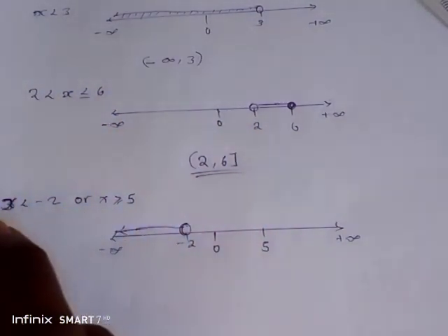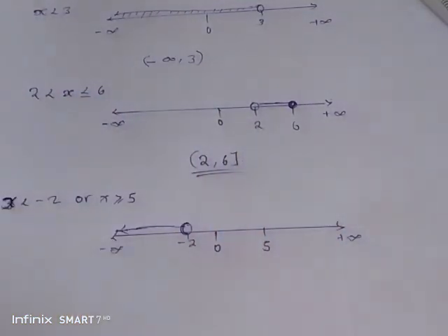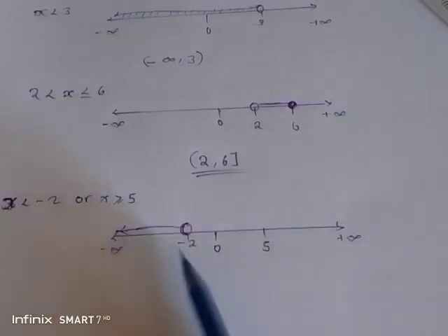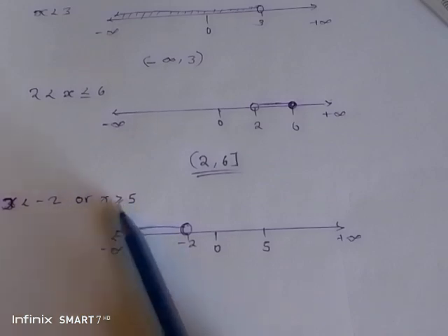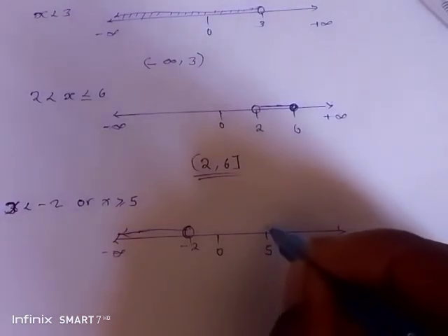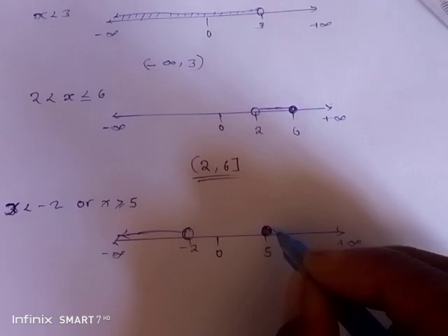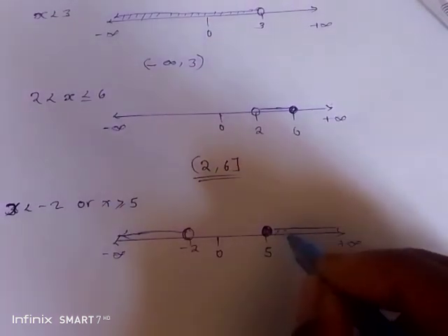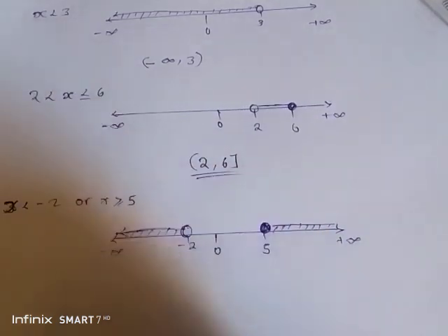They haven't given us the limit, so we cannot come to the left part, only to the right part. So x is less than negative 2, we have shaded here, or x is greater than or equal to 5. So we are going to start on 5 with a closed circle going this side. Then we shade this part. Also here we shade this part.